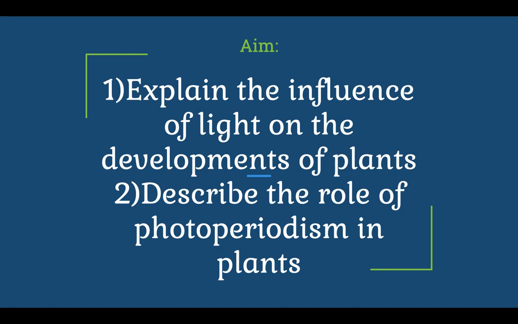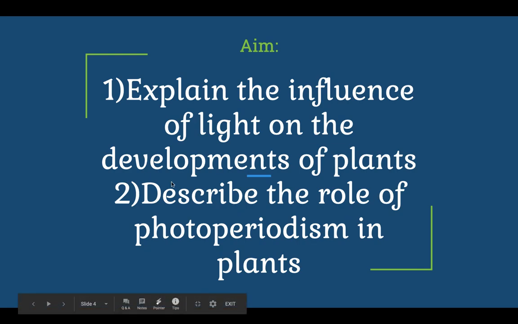Today our aim is to explain the influence of light on the development of plants. That is the first aim. The second aim is to describe the role of photoperiodism in plants. Why do all plants need light? We have to know how light affects the main processes like flowering, giving fruits, giving seeds and reproduction.